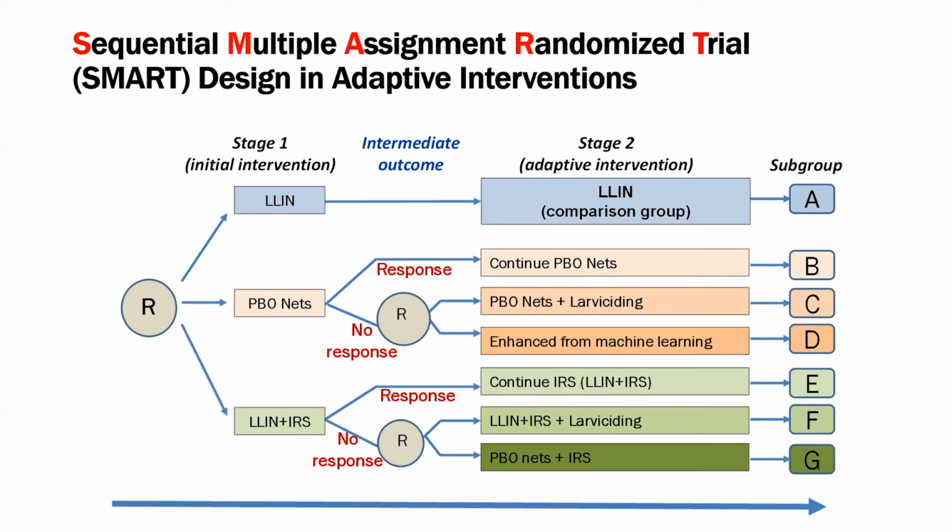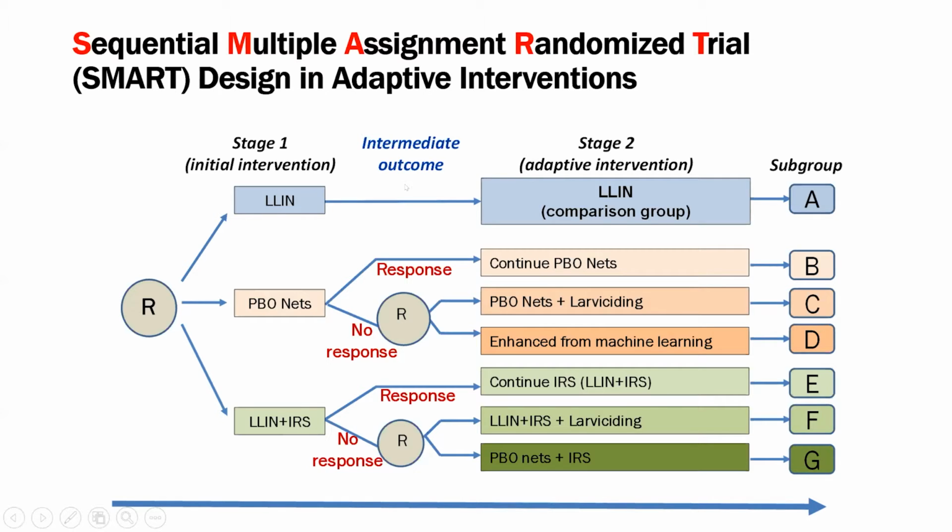in which we select a study site, and then we use the available intervention tools in stage 1 of intervention. These are basically the LLINs, the PBO nets, and the LLIN combined with IRS, including the new long-lasting insecticides.